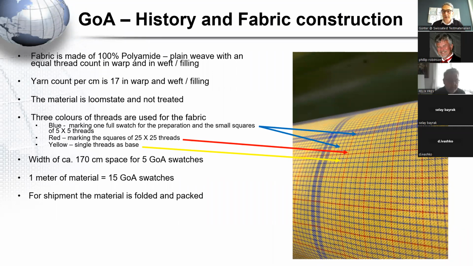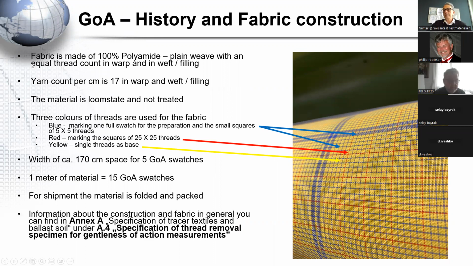For the shipment, the material gets folded and packed in a poly bag. Information about the construction and the fabric in general you can find in Annex A of the standard. The specification of tracer textiles and ballast soil is under 8.4, in detail the specification of the thread removal specimen.